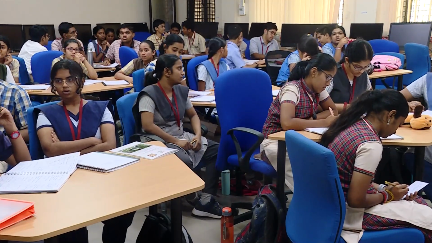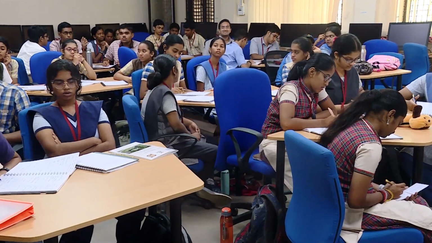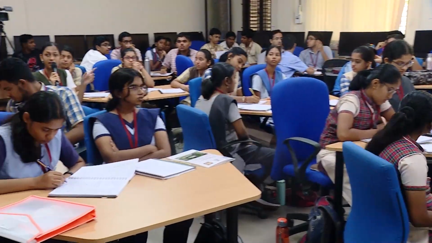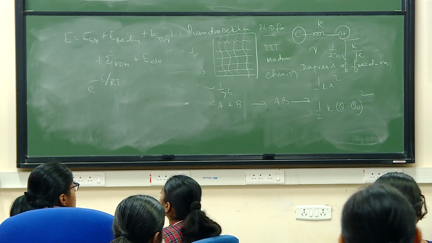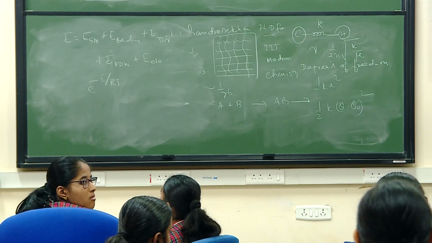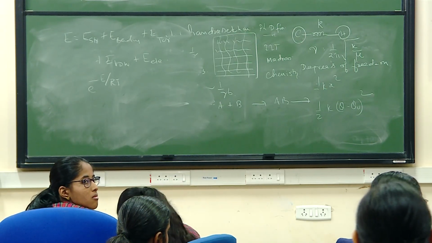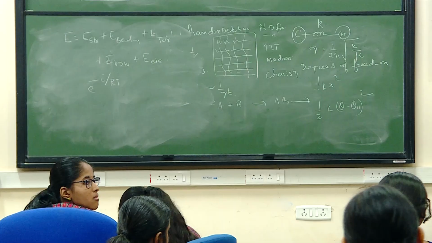Sir, you had told that for a stable molecule itself, there are so many components that add to the total energy. How will it vary with an ion? For a stable molecule, if there are so many components for its energy, which of those would vary for an ion?